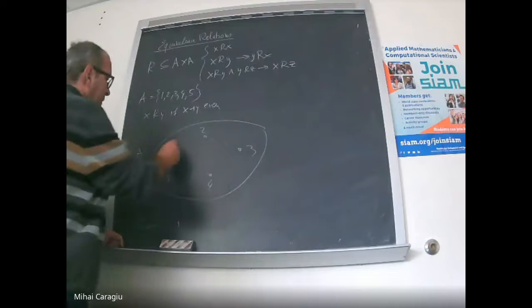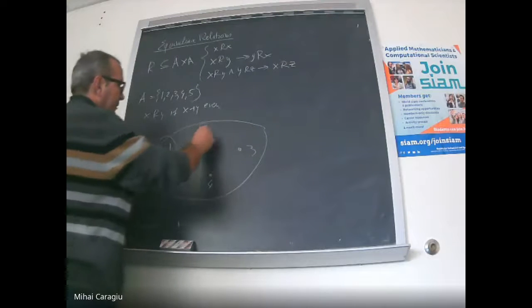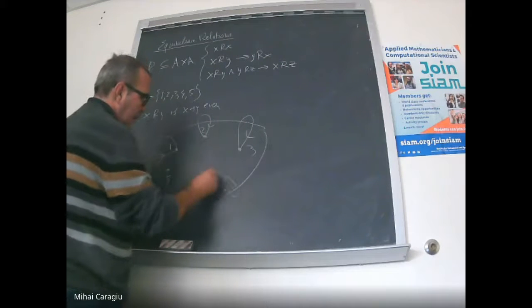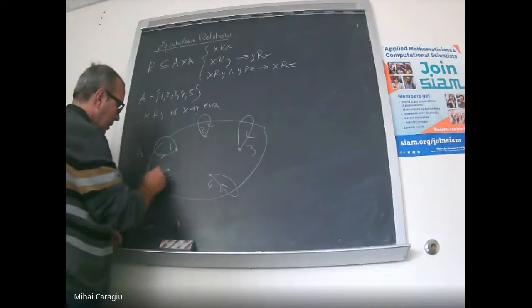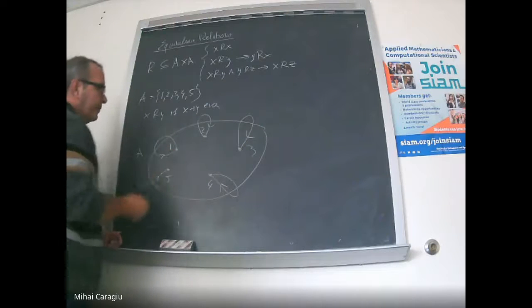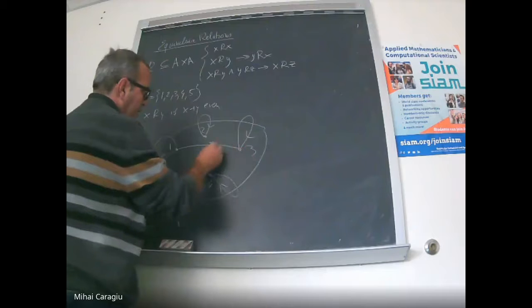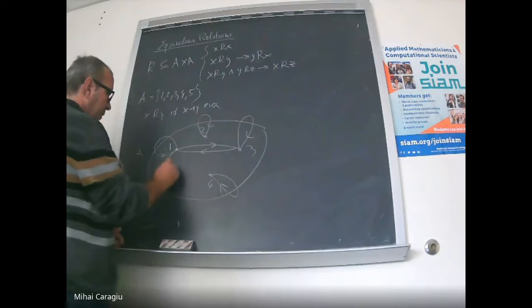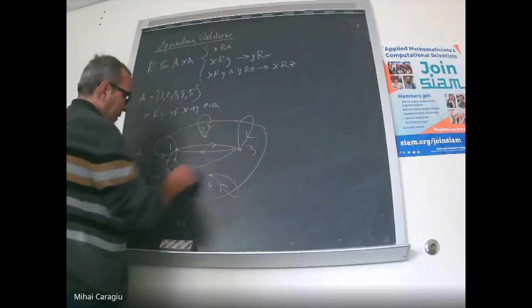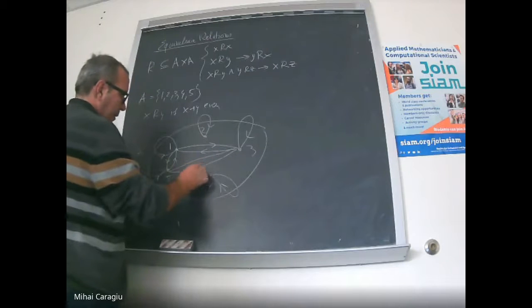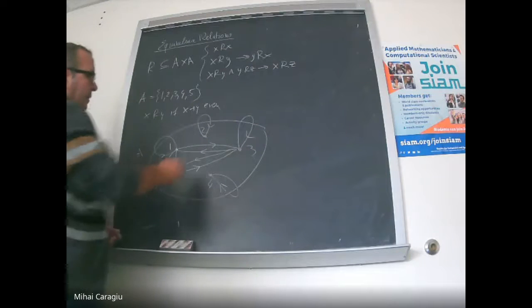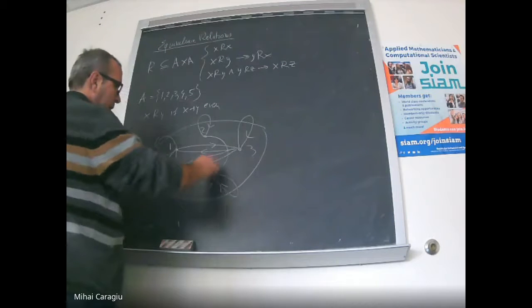First of all, we have a loop at every point because it's reflexive. Then 1 R 3 and 3 R 1 because of symmetry, 1 R 5 and 5 R 1, and finally 3 R 5 and 5 R 3 back and forth. And then 2 R 4 and 4 R 2.